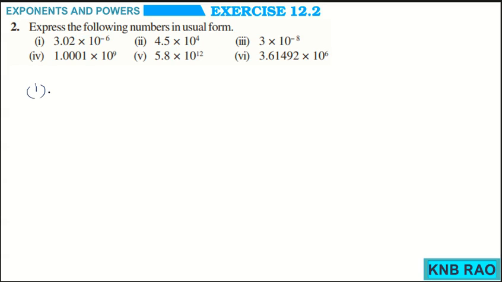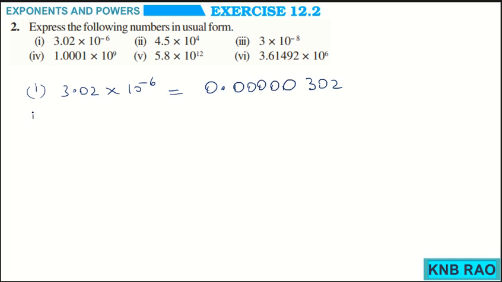So now converting from standard form to usual form. 3.02 into 10 power minus 6, it means I have between the decimal point and the non-zero decimal digit 3, 5 zeros. So that's how we can write it in usual form.